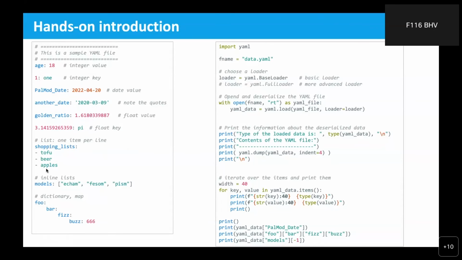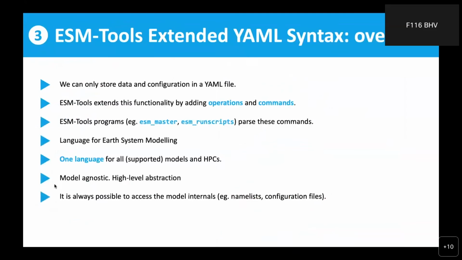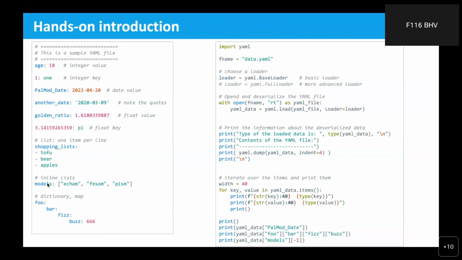Another thing you can see is that you have lists. We will define what a list is, but probably you know already. And we also have dictionaries. In fact, when you load this whole thing into Python, it's already loaded as a whole dictionary. And that's basically what we are doing here on the right.